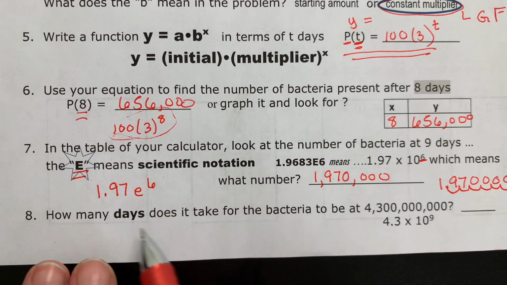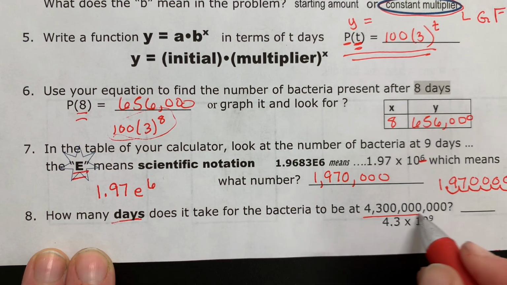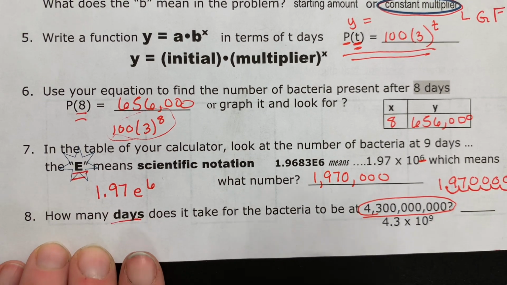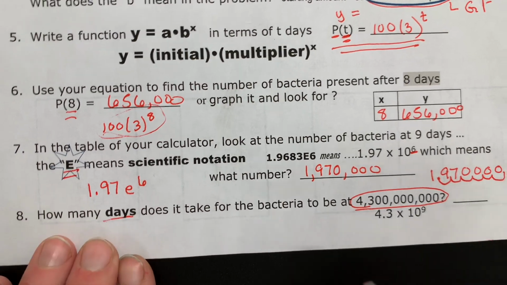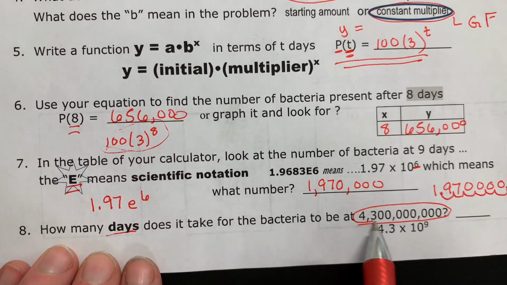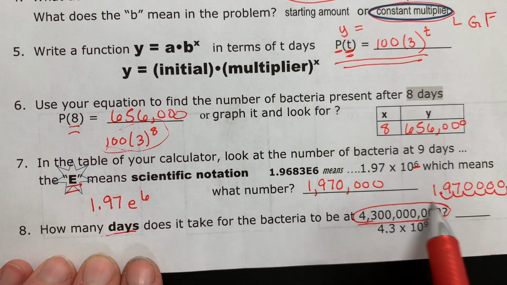Okay, and this one wants to know how many days would it take for it to be at this amount. Okay, so in this one, we can go ahead and put our equation into Desmos, and we can start typing in days and see how long it will take to get to this amount.